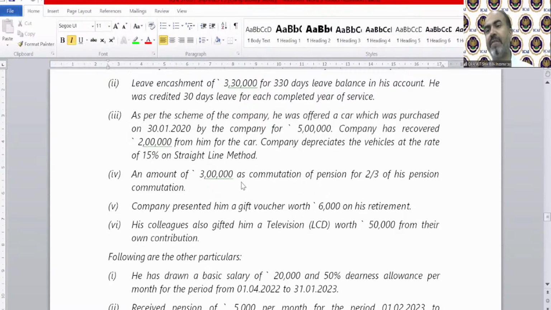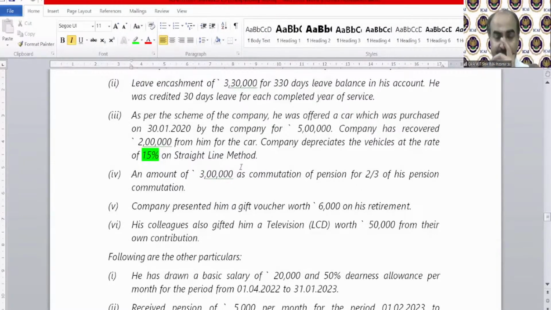Company depreciates the vehicle at the rate of 15%, this does not have any meaning. For the purpose of transfer of asset, we just saw that 20% with reducing balance method is going to be deducted, and the value which will be received after charging 20% of WDV method will be treated as the FMV for each completed year of service.